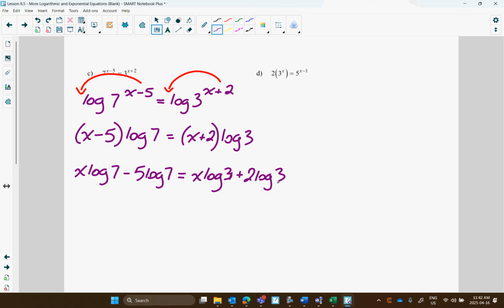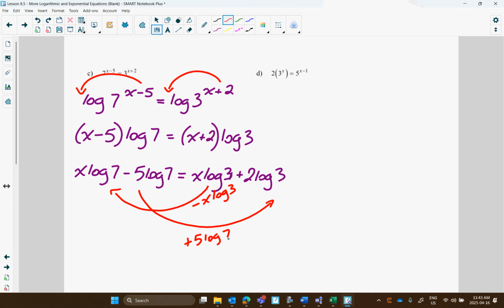I've got multiple x's. So that means that I have to bring this one over here by subtracting x log 3. And at the same time, I'm going to bring this one over here by adding 5 log 7.